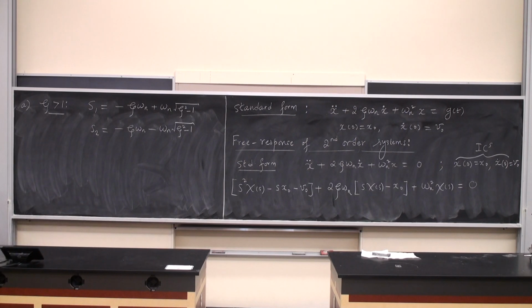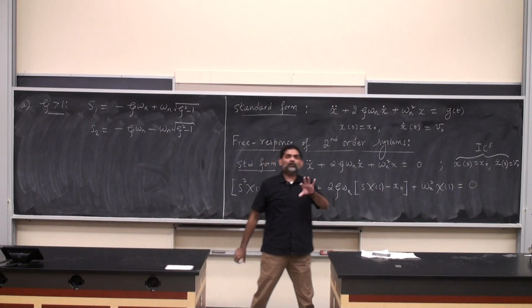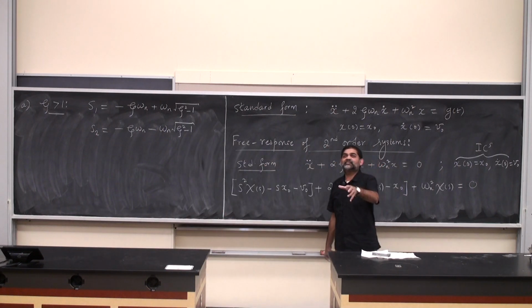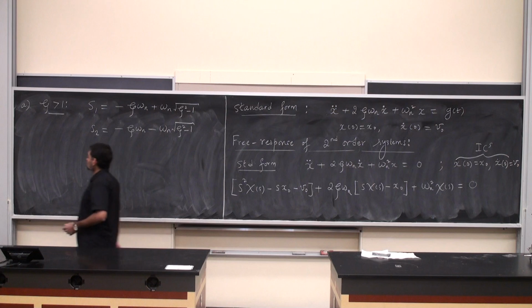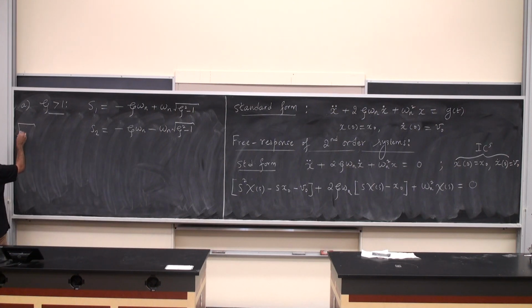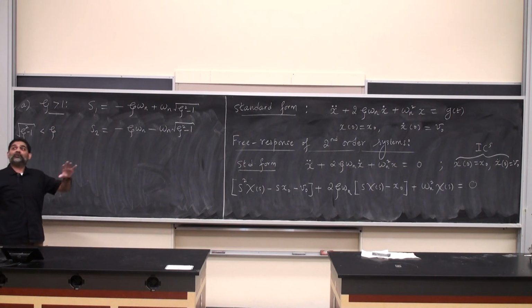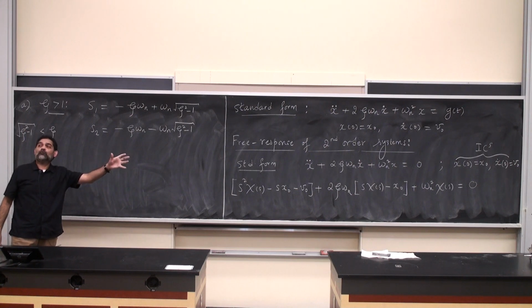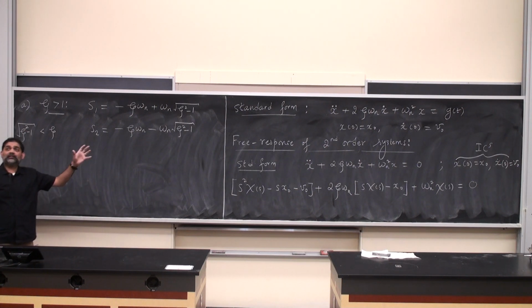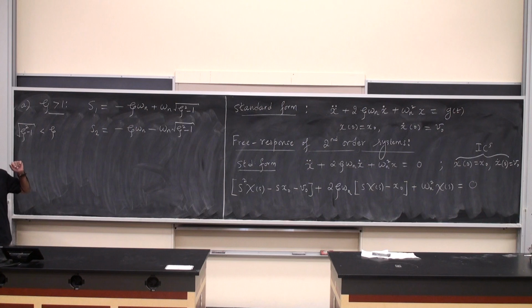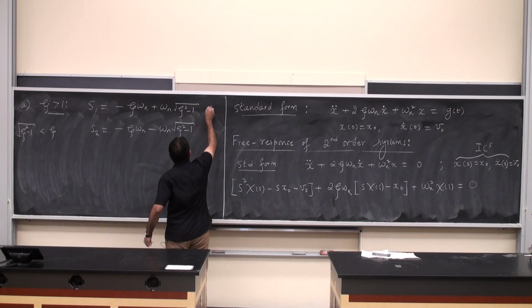So there are two roots here. The square root of zeta squared minus 1 is always less than zeta. So note, this tells me that no matter what value of zeta you choose above 1, S1 and S2 are always going to be negative. So I'm going to call them minus R1 and minus R2. They're always going to be negative.